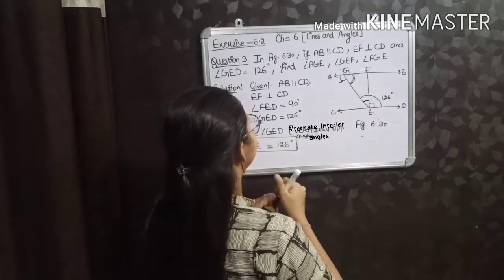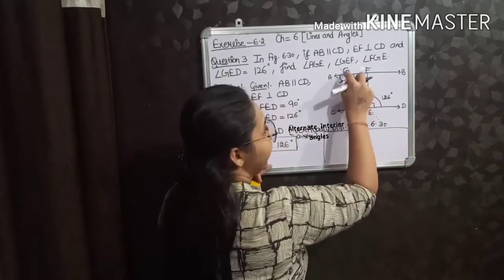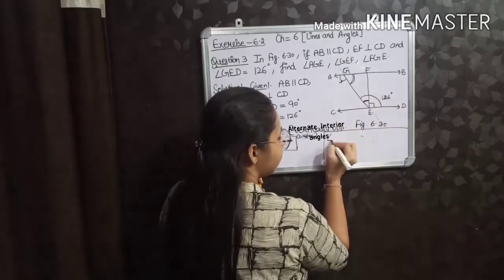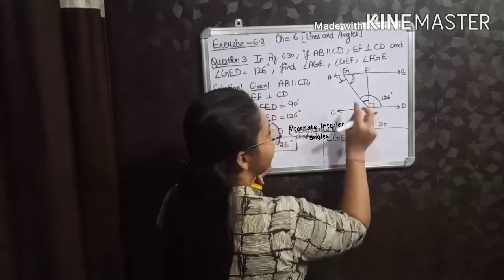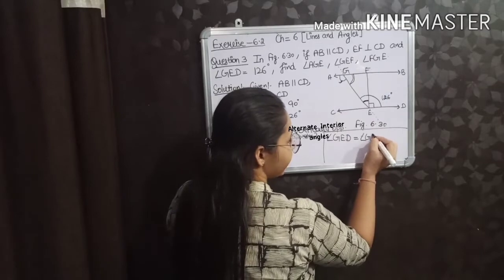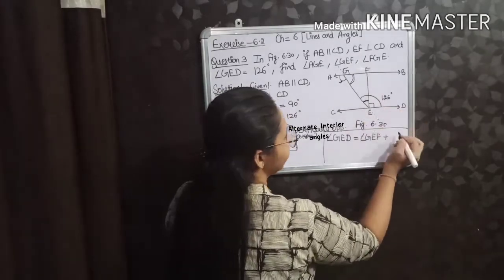So we can write here that angle GED, this complete angle, is equal to GEF, this small angle, plus angle FED.